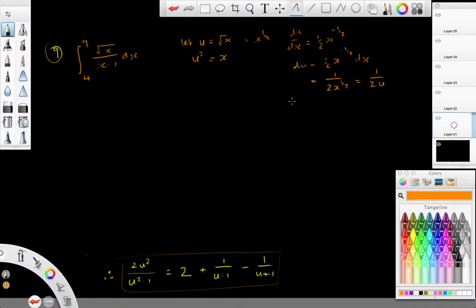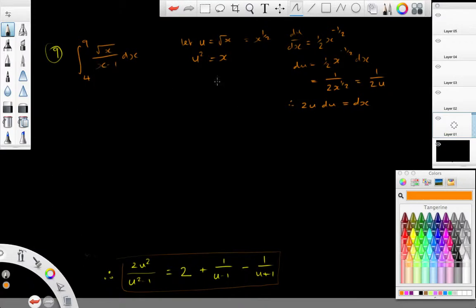So therefore 2u du is equal to dx, and that's our substitution. So we're going to substitute 2u du for dx, and here we've got u, and then that's going to give us u squared minus 1.